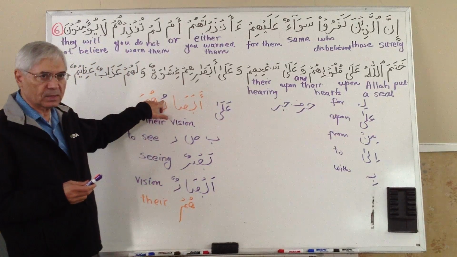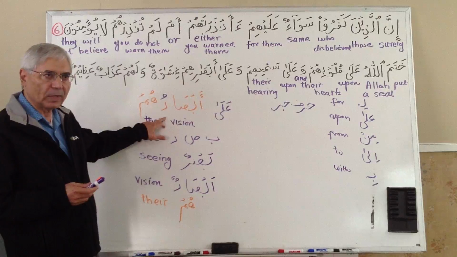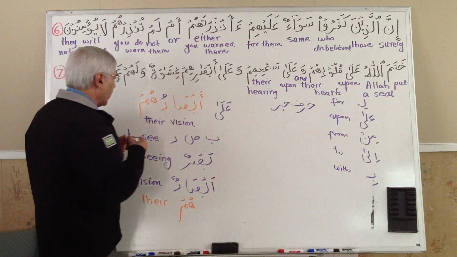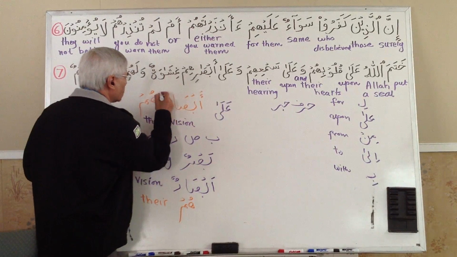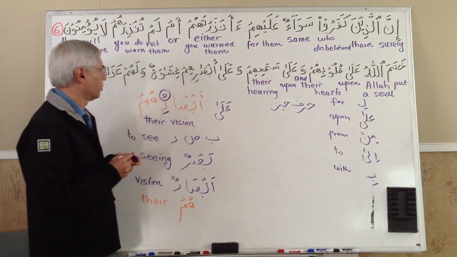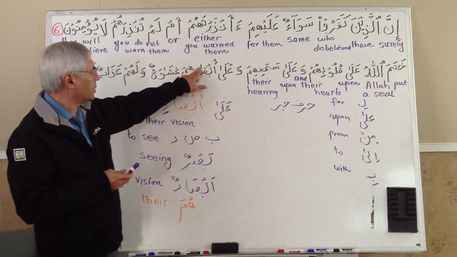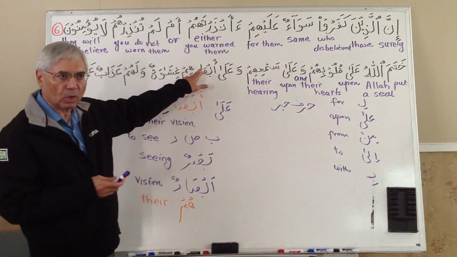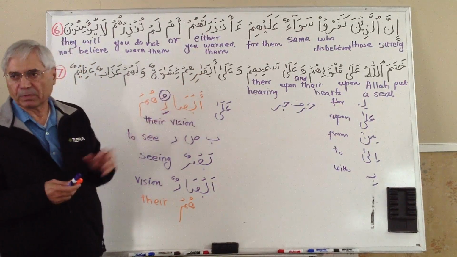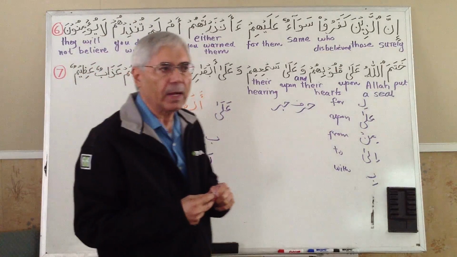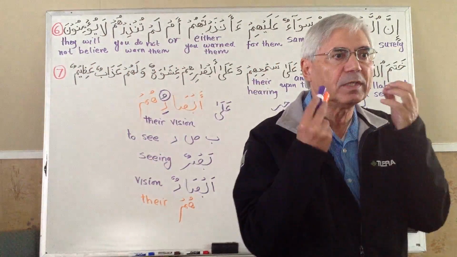It will change this dhamma to a kasra, and this will become absarihim. It is the same thing as written here, with alif written on top of the absar. Ala absarihim, upon their vision.